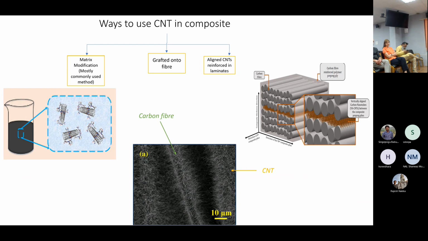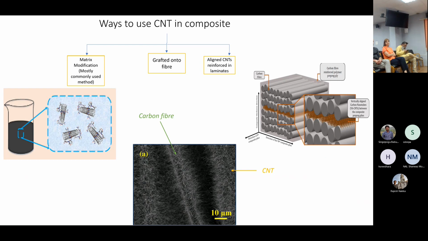It is the carbon fiber, and around it, along the radial direction, we have the carbon nanotubes reinforced. This method helps to give a lot of added functionality to the carbon fiber. It helps to improve the transverse properties mainly because of the reinforcement along the transverse direction. So you will have better transverse moduli, as well as thermal and electrical properties along the transverse direction.